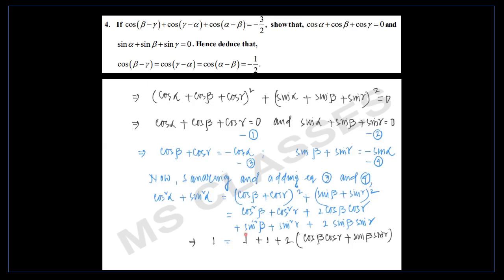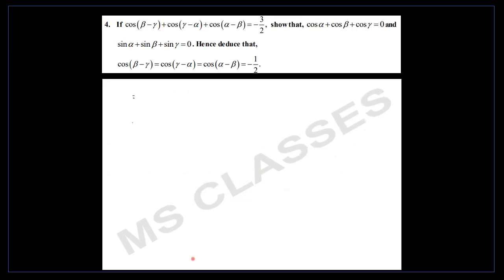And if we simplify, this and this cancel out, and we get cos of beta minus gamma equal to minus half. Because here 1 cancels out, this one is coming to the left, so minus 1 by 2, minus half we get. Now here we have eliminated alpha and proceeded with the sum. Similarly, next we can eliminate beta and proceed, and last we can eliminate gamma and proceed.